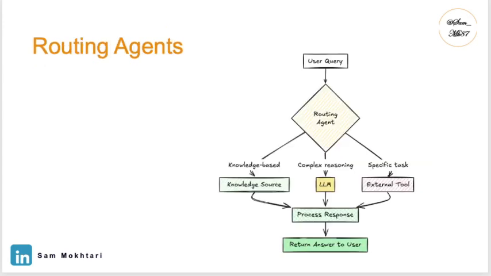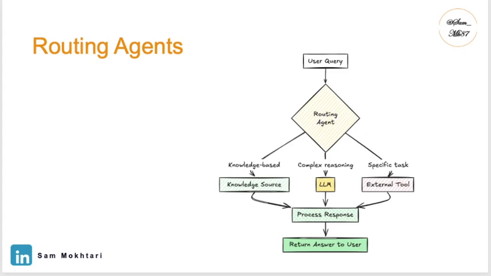Now let's talk about some of the popular types of agents that you may see in an agentic RAG system. The very first one is a routing agent. A routing agent functions like a traffic controller. It analyzes the nature of the user query and then directs it to the right pipeline. For example, a query asking for a document summary would be routed differently than a query asking for a specific data insight.